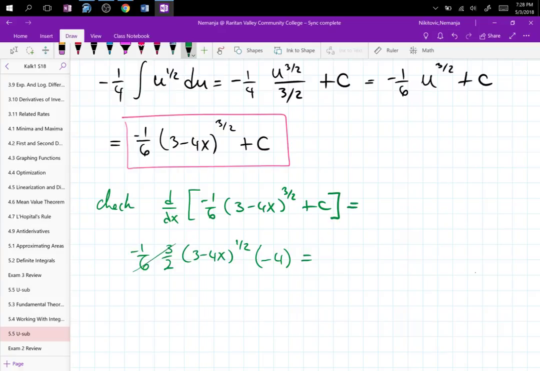So now 6 cancels 3, we get 2, 2 times 2 is 4, so negative 1/4 all cancels, and there it is, square root of 3 minus 4x. We're good.